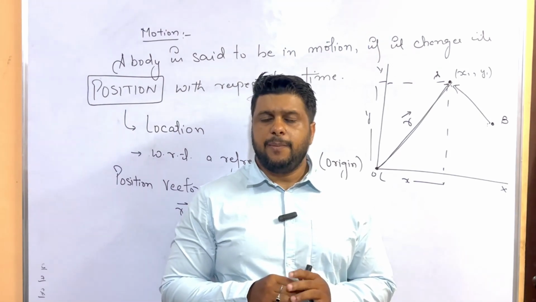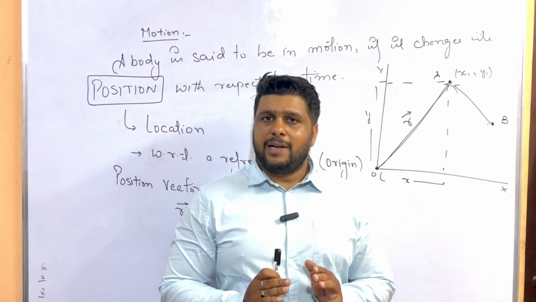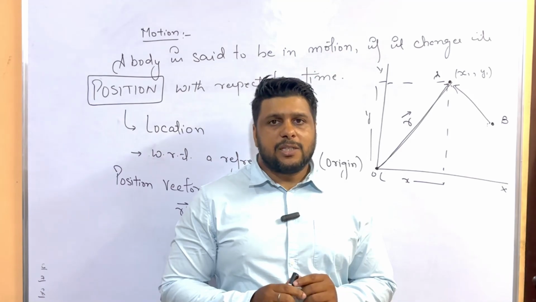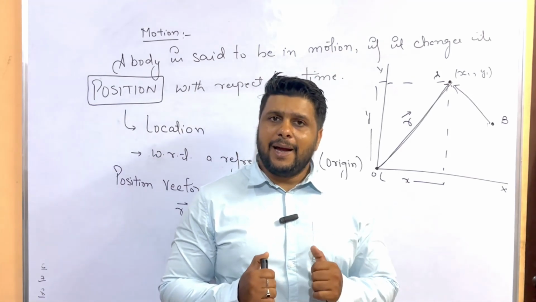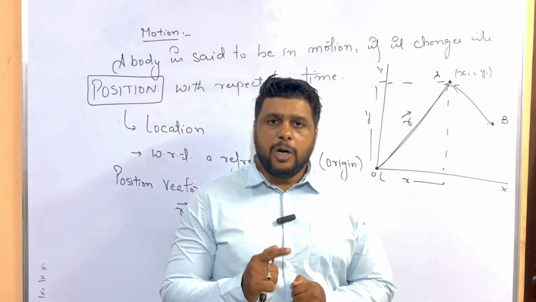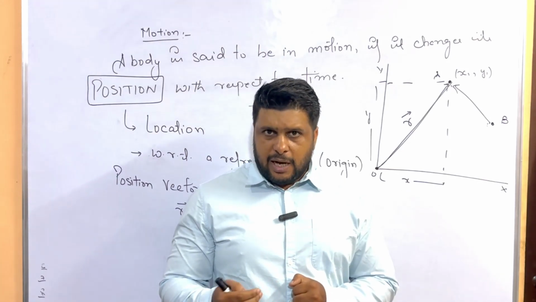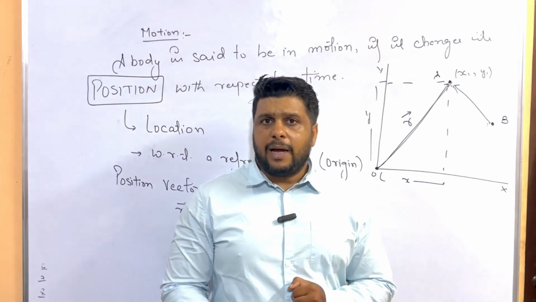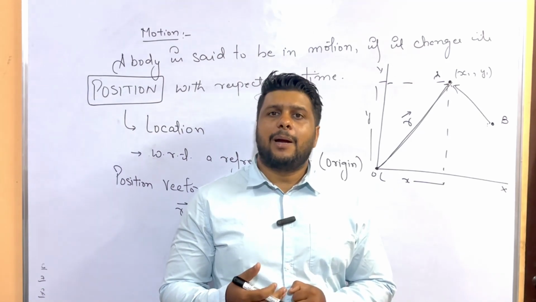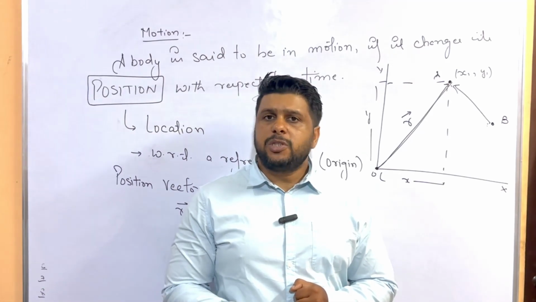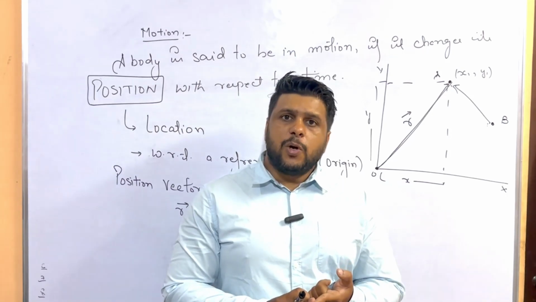You can see that I am still at the center of the whiteboard. So you might say that I am at rest, I am not moving because my position has not changed. Let's say at time t1 I am here, at time t2 also I am here, at time t3 also I am here. So my position is not changing.